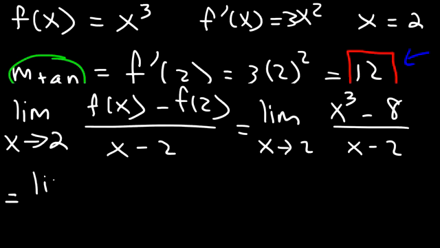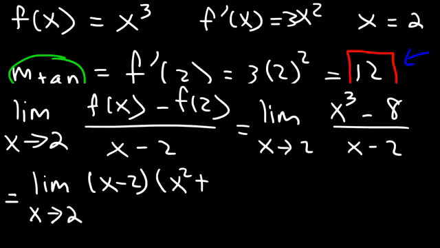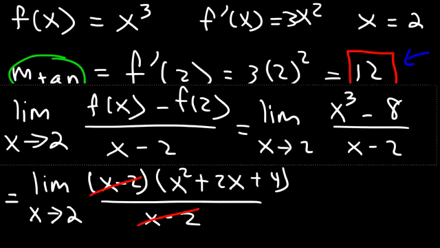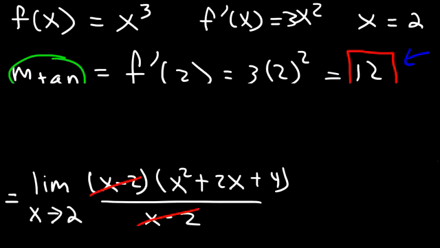So now we have this. The limit as x goes to 2 of x minus 2 times x squared plus 2x plus 4 over x minus 2. So now these two factors will cancel. And now we can substitute x with 2.